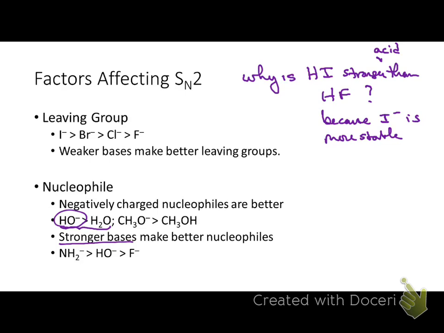There's actually a third thing. I'm not going to test you on it, but it turns out atoms with larger orbitals, it's not in your book, are better nucleophiles as well.